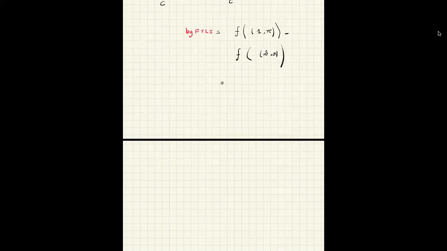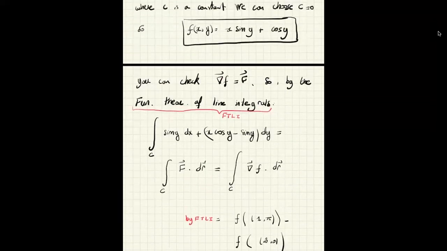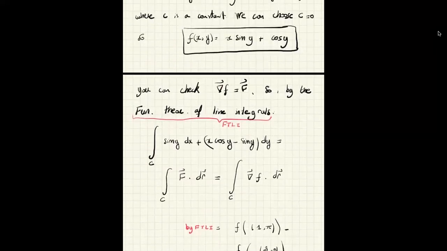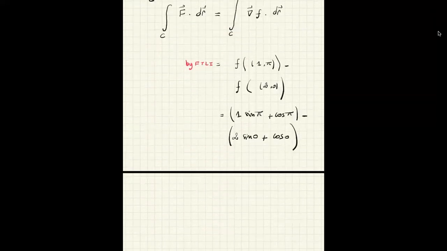So f is 1 sine pi plus cos pi minus 2 sine of 0 plus cos of 0, right? Because this is x sine y plus cos y. So if it's (2, 0) and (1, pi), this is equal to -1 minus 1, which is -2.